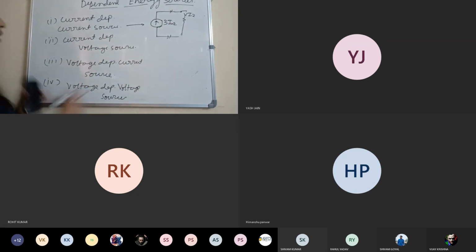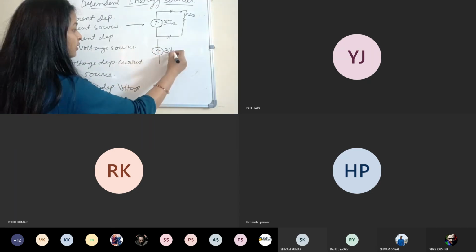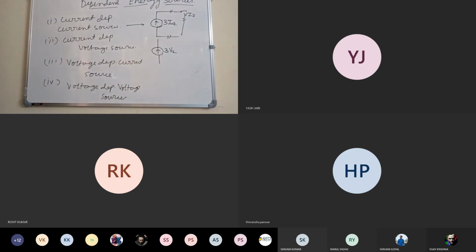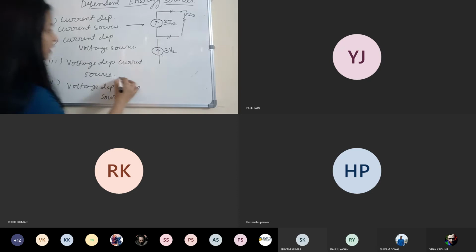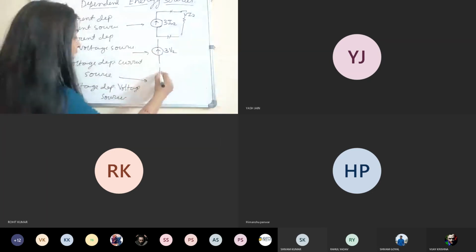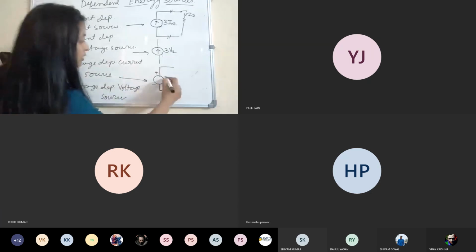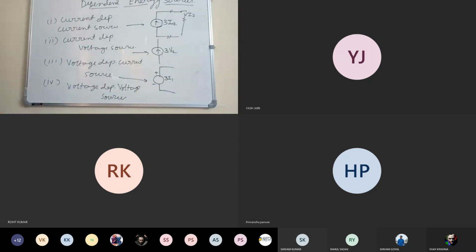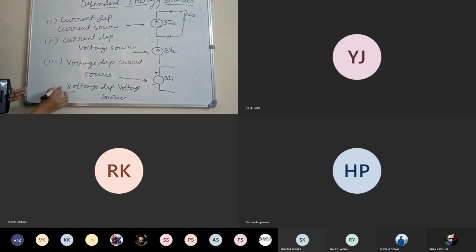In the next case, you can write type of source is current, but the dependency parameter is voltage. Third one, type of source is voltage, but the dependency is current, 3I1. The last one: type of source is voltage, but the dependency is also voltage.